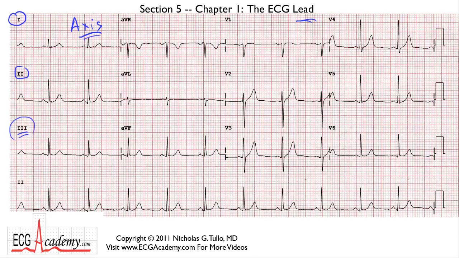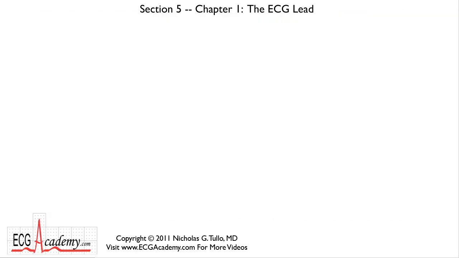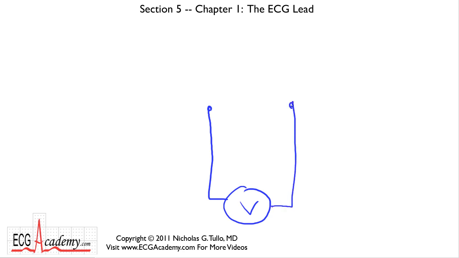Now, what is the lead? Well, okay, let's just talk about the recording systems that we had discussed in the past. Remember, ECG basically amounts to a voltmeter, and there are electrodes that are monitoring voltage in a bipolar recording system, that is.